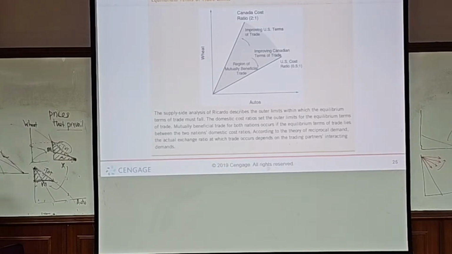Previously, follow me. For Canada, for USA, if the terms of trade lie between two nations' domestic cost ratio, this is the domestic, increase, inside. Got it?